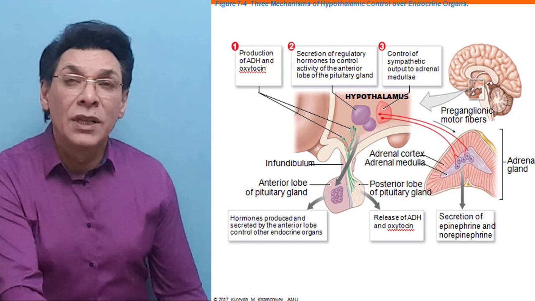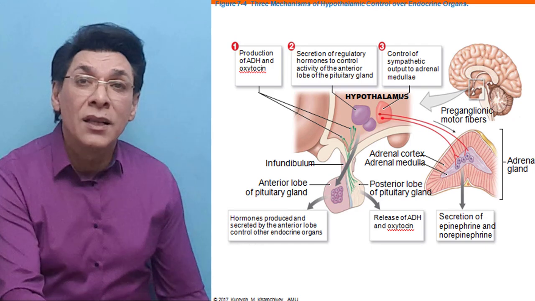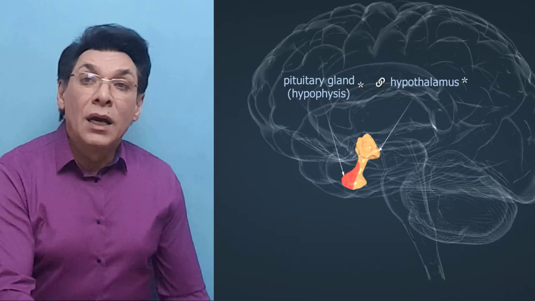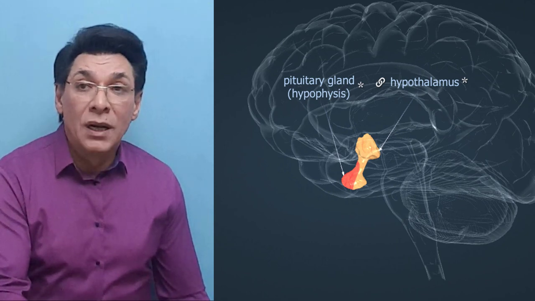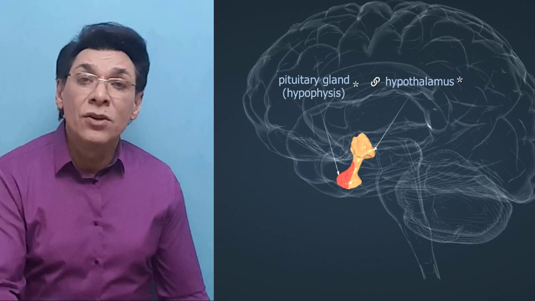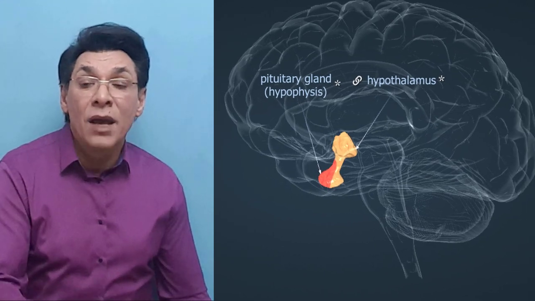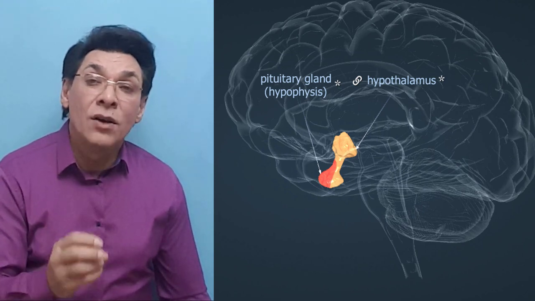The pituitary gland, protected by the sella turcica of the sphenoid bone, hangs from the hypothalamus by the infundibulum. Anterior and posterior have very different structure, and the hypothalamus secretes 9 hormones.